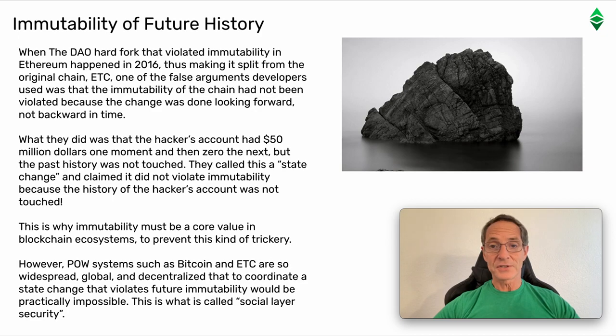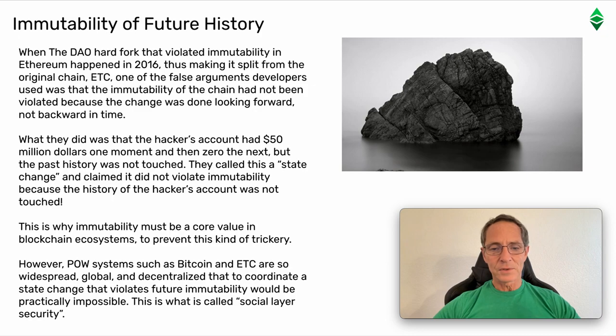Immutability of future history. When the DAO hard fork that violated immutability in Ethereum happened in 2016, thus making it split from the original chain, ETC, one of the false arguments developers used was that the immutability of the chain had not been violated because the change was done looking forward, not backward in time.